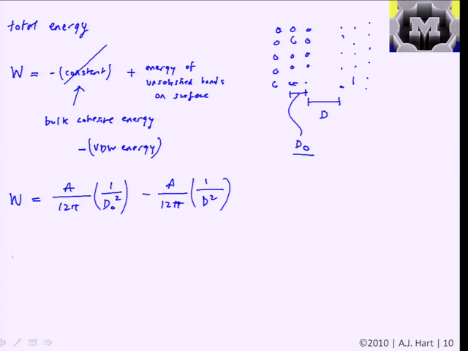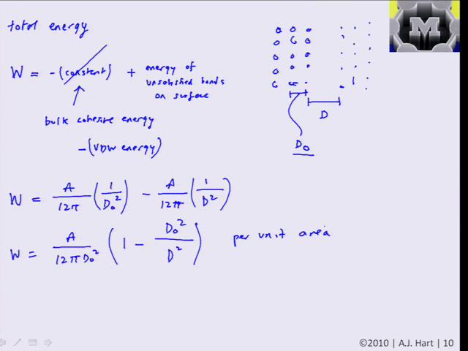And so now if we collect like terms, we can rearrange this to say that we have A over 12 pi d naught squared times 1 minus d naught squared divided by D squared. And this is all per unit area, because this came from us taking a unit area of the solid last time.